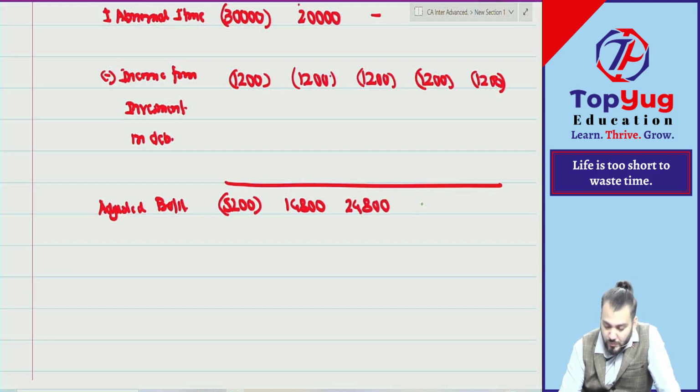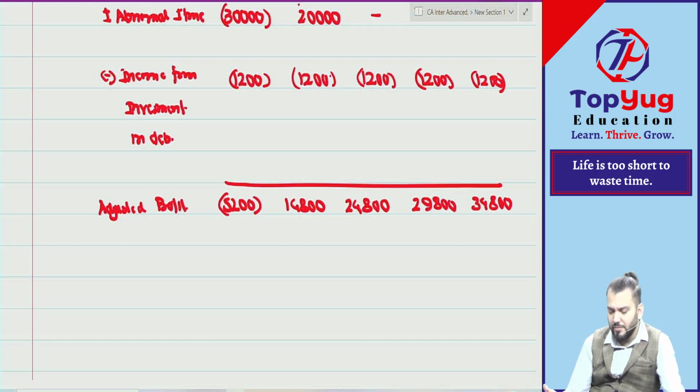Then 29,800 profit. Then 34,800 profit. Correct.